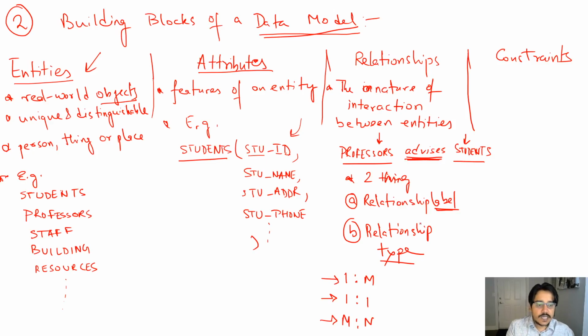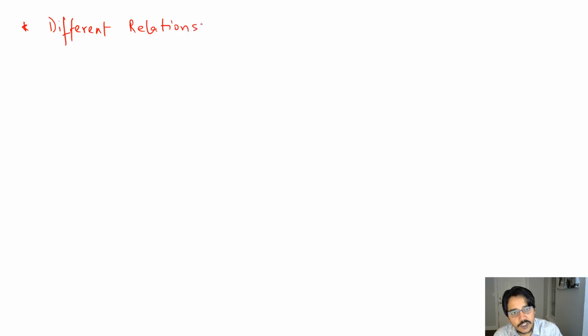So let's look at some examples of these relationship types before we revisit the last component, which are constraints, right? So the topic that we are going to discuss is different relationship types. Okay. And we said that the first one is 1:m.